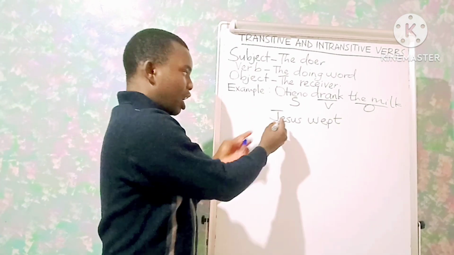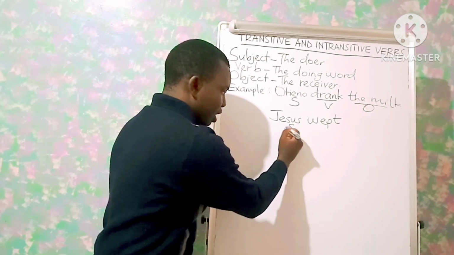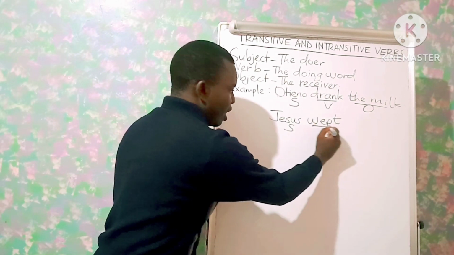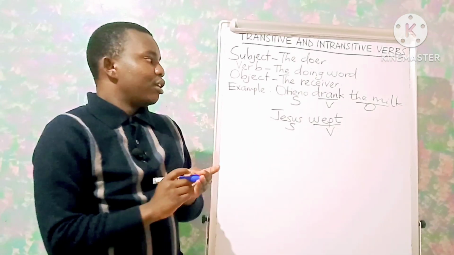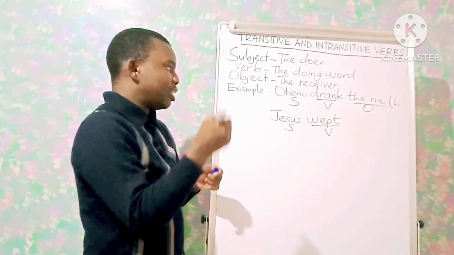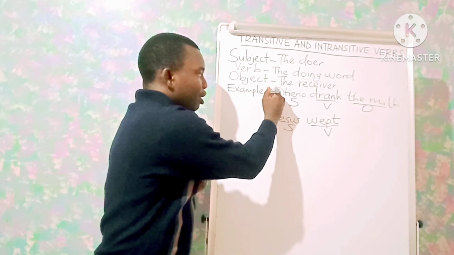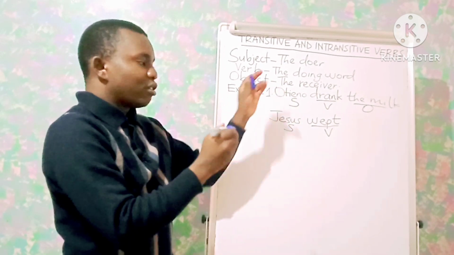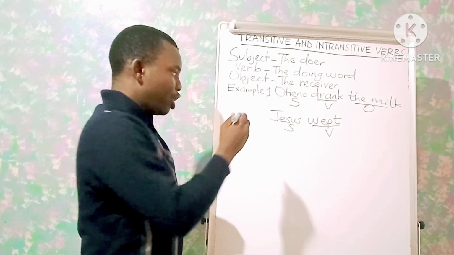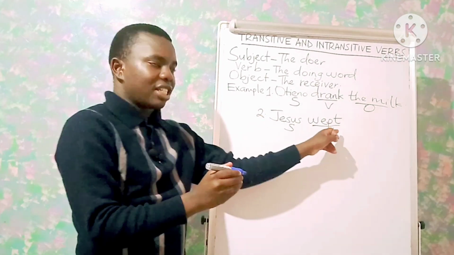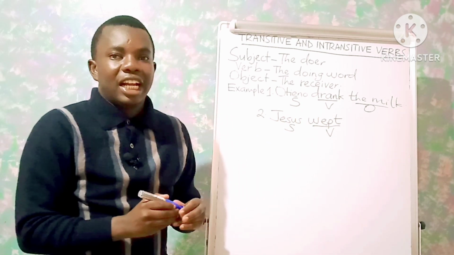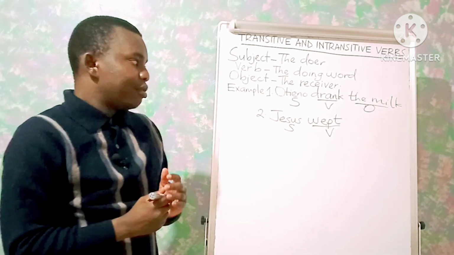So there is the subject, that is Jesus, and then there is wept, which is the verb. So in example 1, we have the subject, verb, and object. In example 2, there is just the subject and the verb.